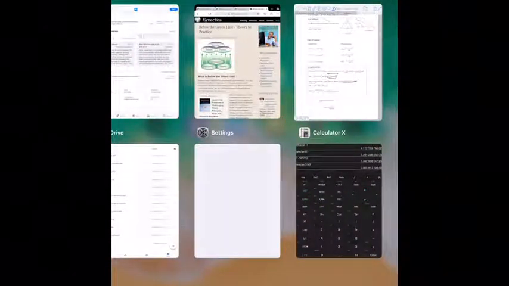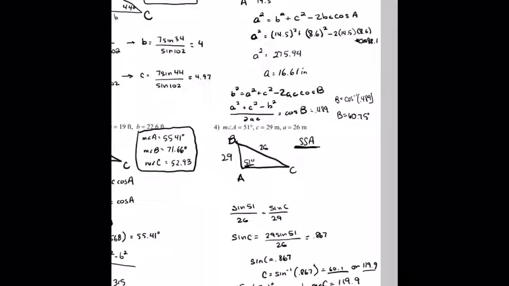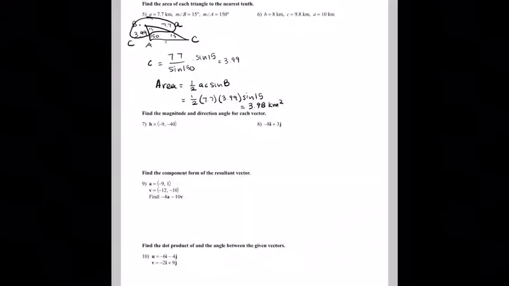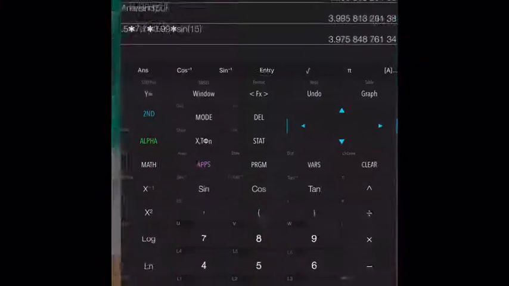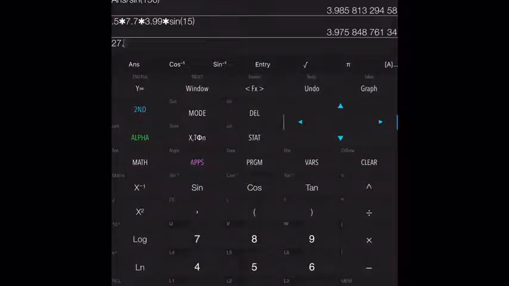So first thing is to add all 3 sides, and then divide it by 2. So we have 9.8 plus 8, that's 17.8, plus 10, 27.8, divided by 2.